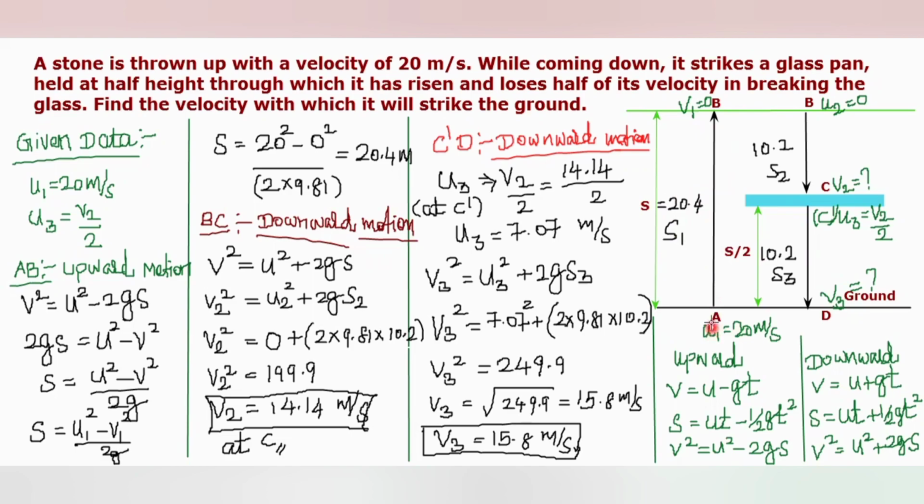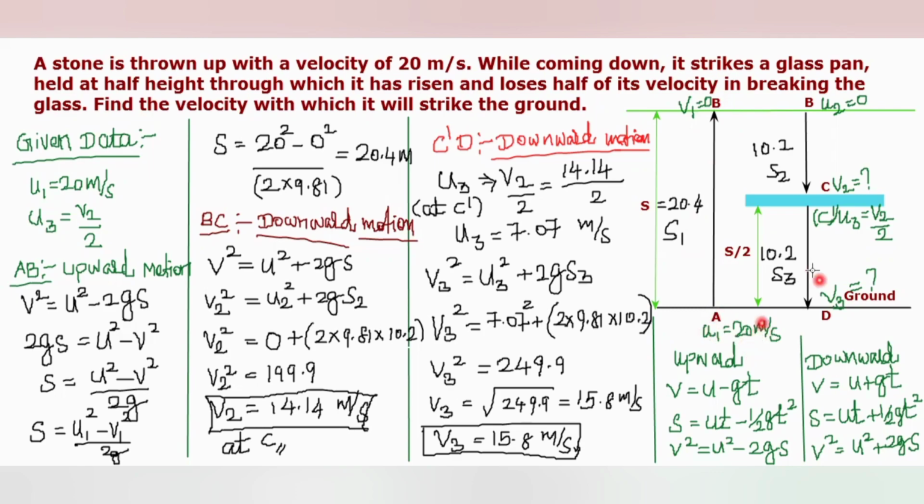That means if at point A it is thrown with an initial velocity of 20 meters per second, it reaches the dead state 0, which is 20.4 meters above the ground, in some time. From the dead state, it free falls. Again, it is going to hit the ground, meaning the final velocity will be 20 meters per second.